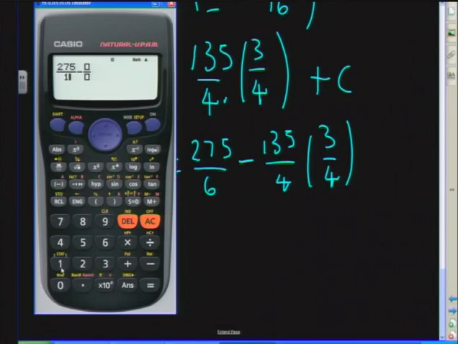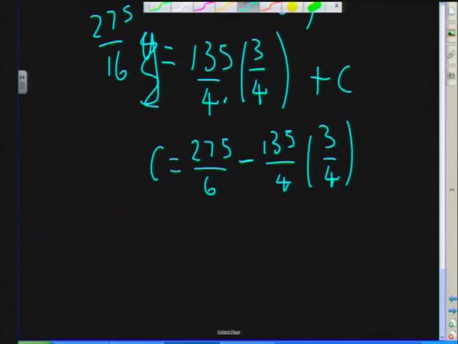All right, and that might just mean that we're not going to have time to finish it, but we'll check. And it's going to be 135 over 4 times 3 over 4. And that gives us minus 65 over 8.